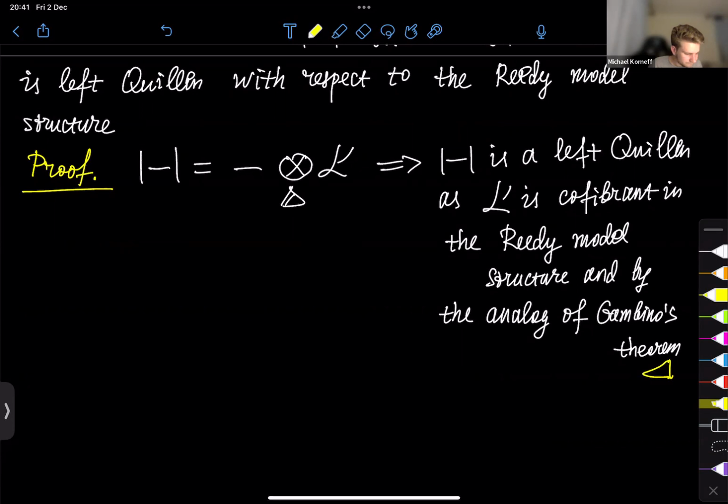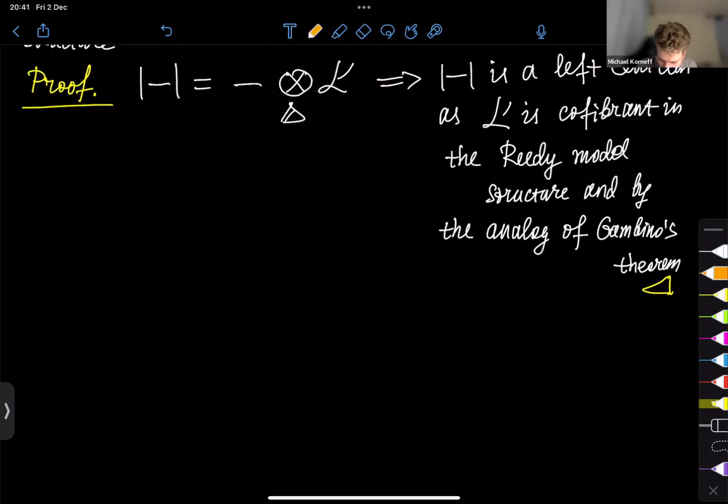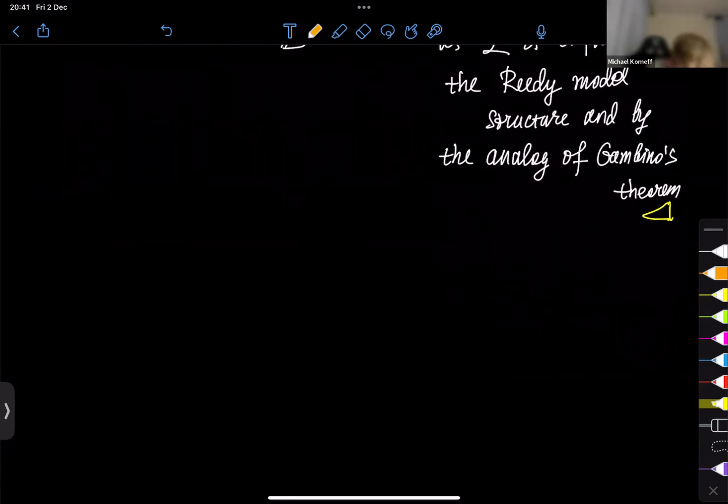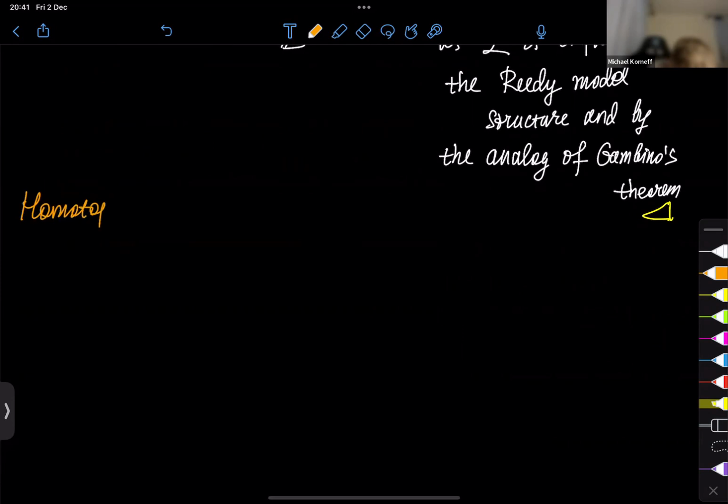Okay, and now I want to discuss topological spaces, homotopy limits of topological spaces, homotopy limits in Top.